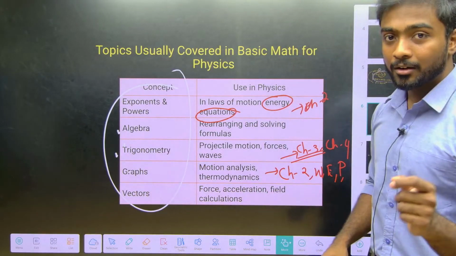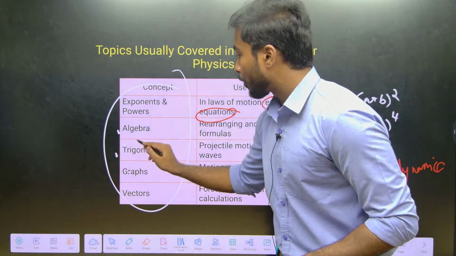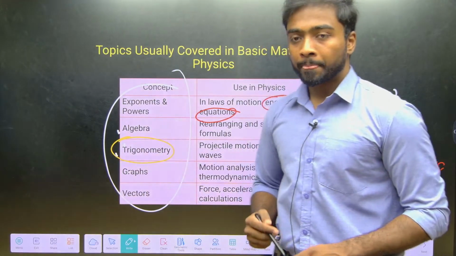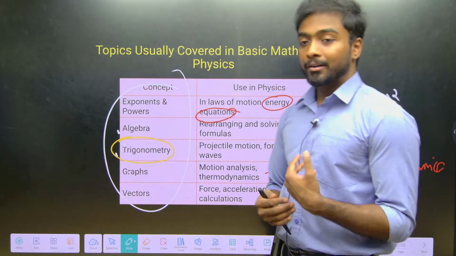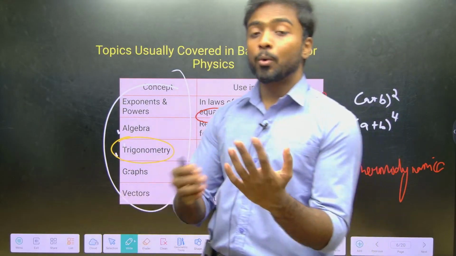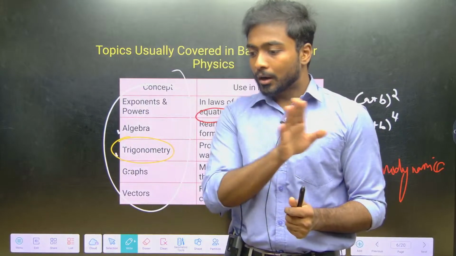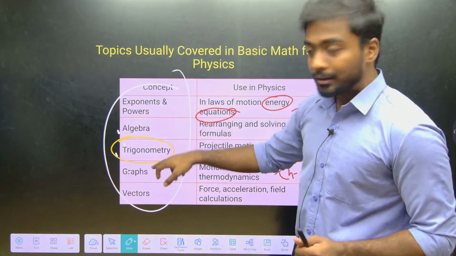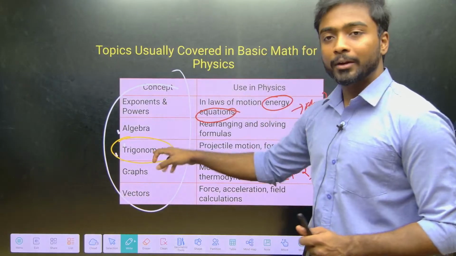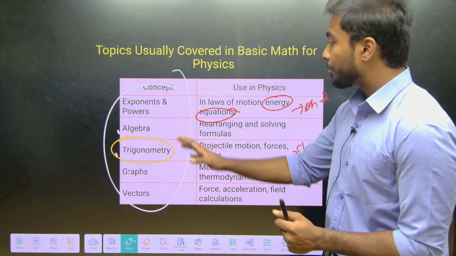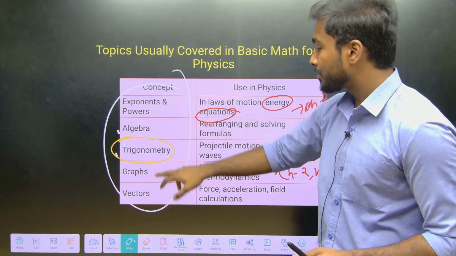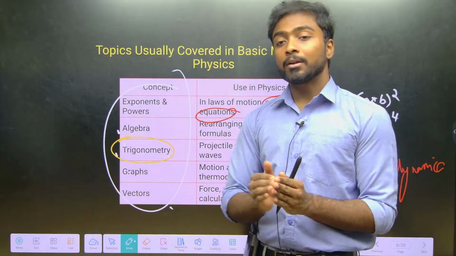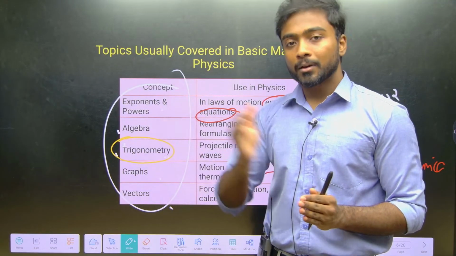The next session is mainly on trigonometry: what it is, why it is important, and where we use it. We are not going to talk about the entire maths, only the things important for physics in trigonometry, exponents and powers, graphs, vectors and algebra, and we will build the concept slowly.